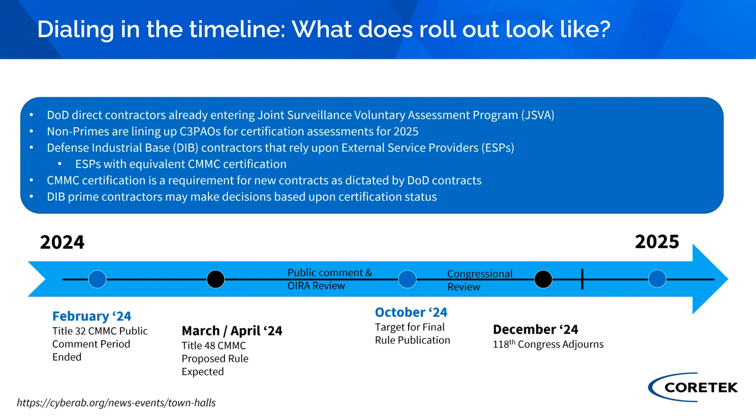What I will say that is an interesting trend is we're getting a lot of discussions with those in the defense industrial base, especially those that are primes on contracts or maybe second tier, where they're already questioning their subsequent service providers or anyone in their ecosystem, as part of that. Where are you at in your CMMC journey?